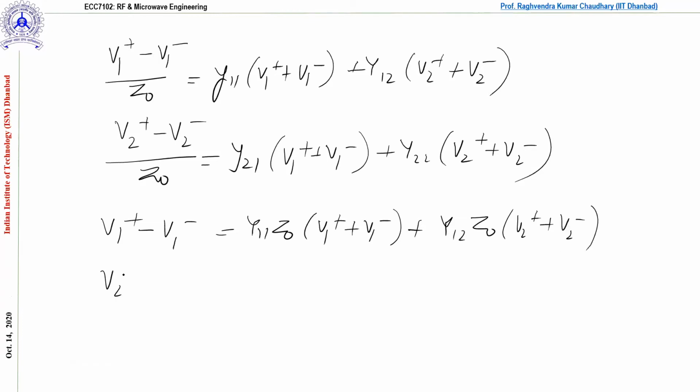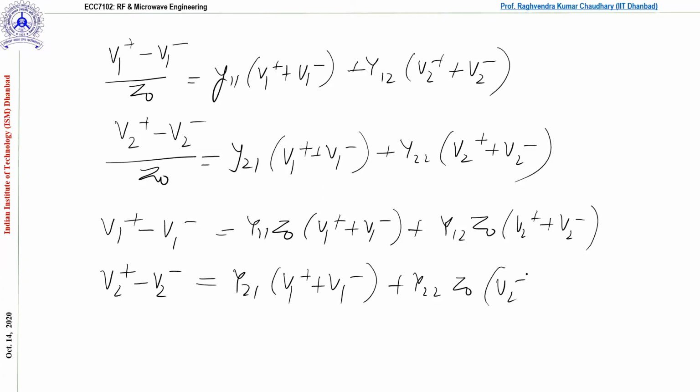Likewise, V2 plus minus V2 minus equals Y21 Z0 times V1 plus plus V1 minus, plus Y22 Z0 times V2 plus plus V2 minus.